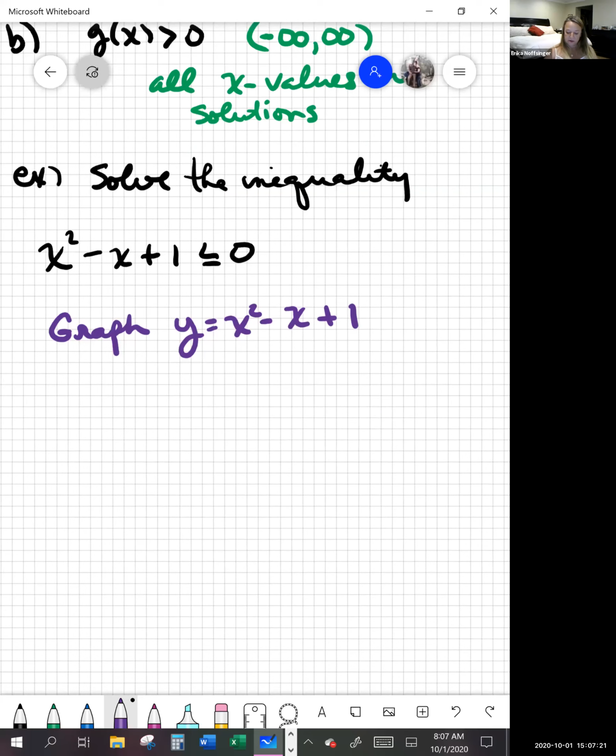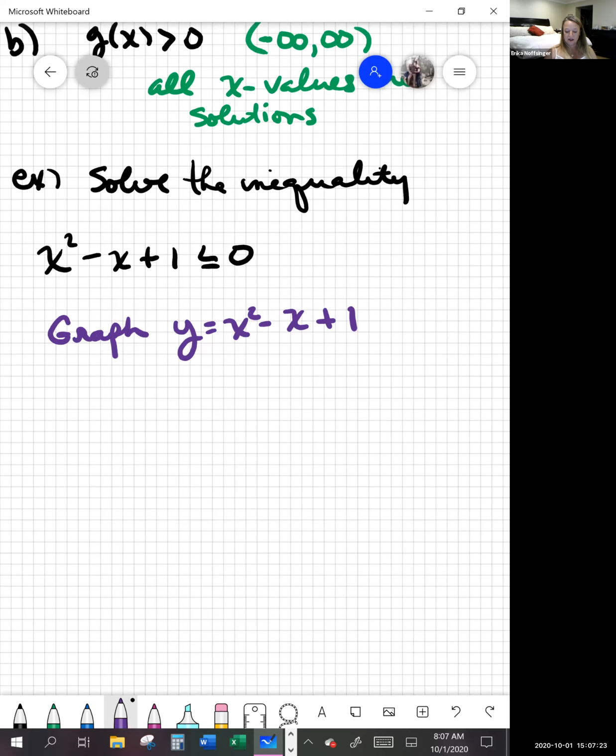Okay, so last week when we were looking at this, there are a couple of things we need to know. We need to know where the vertex is, and we can put this in vertex form, or we could use that vertex formula. So let's just use the vertex formula. Our vertex is at h, k.